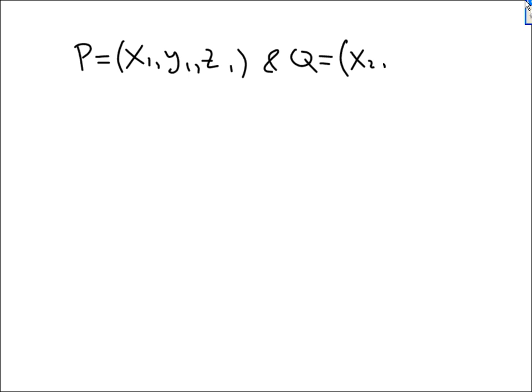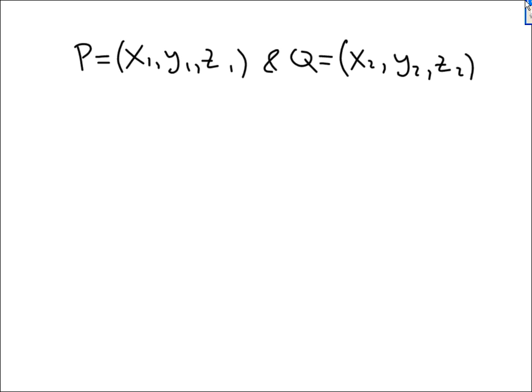Suppose we have 2 vectors in R3. Let P equal the vector x1, y1, z1, and vector Q is equal to x2, y2, z2.